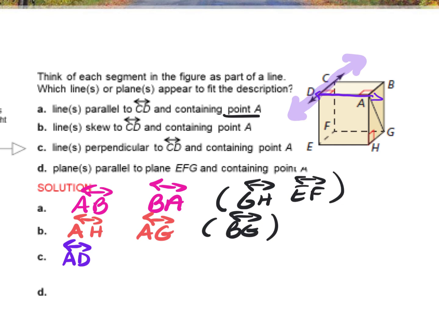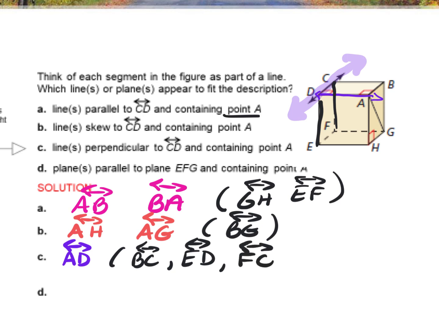If it didn't specify, we could also say line BC would be perpendicular, so this one going in here. We could also say ED or FC. These would all be perpendicular, but the one that included point A would only be AD or DA.